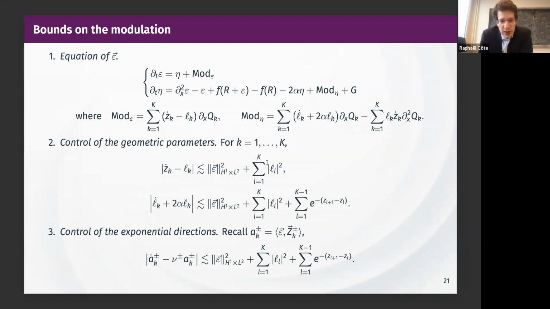Okay, this is what you get at the first step, and also you can do the same thing for AK. So you do this scalar product, and what you get is second order.